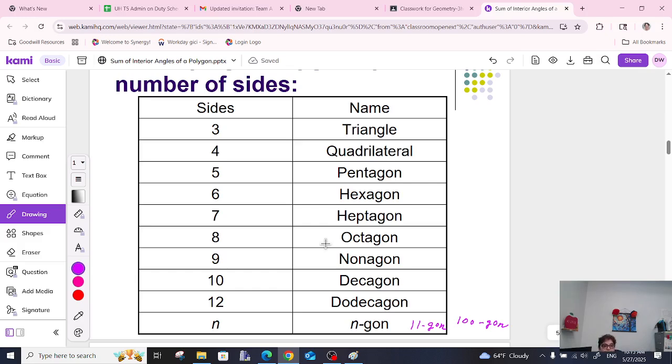Yep. Do we have a decagon? 1, 2, 3, 4, 5, 6, 7, 8, 9, 10. Yep. Number 14 is your decagon. Do we have a dodecagon? No, we don't have a dodecagon. So dodecagon is 12-sided. Okay? So we have all of them but the dodecagon.